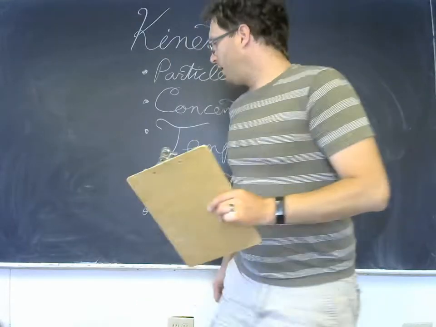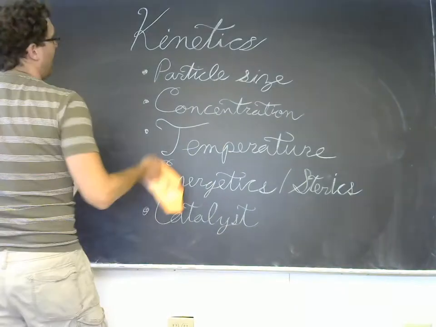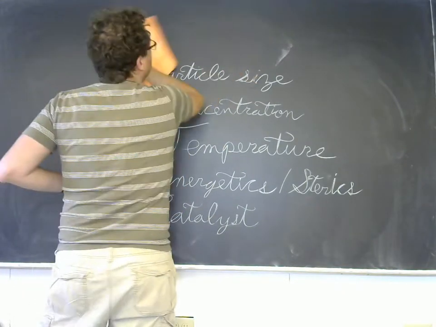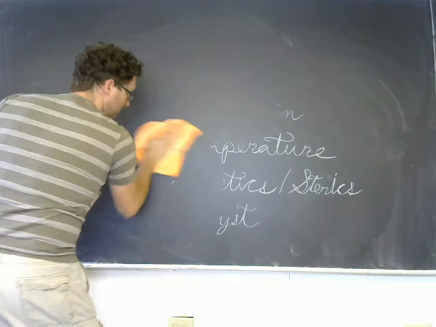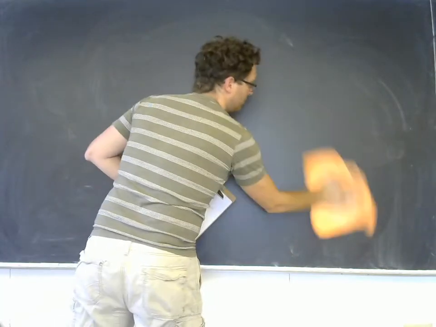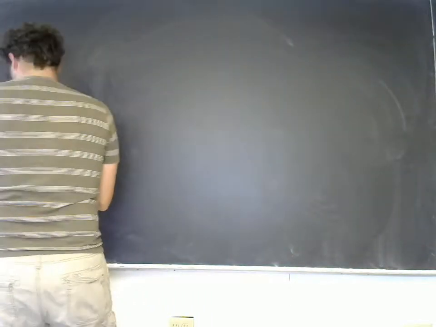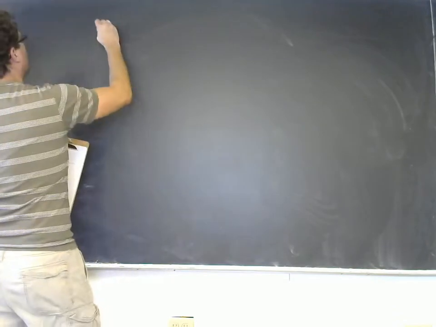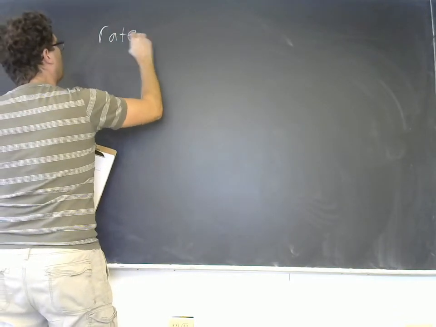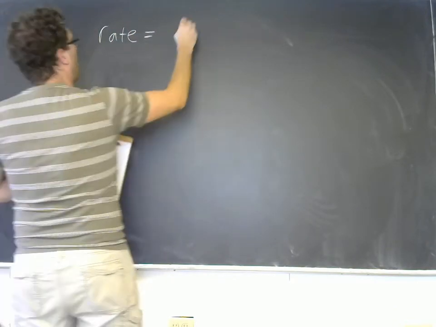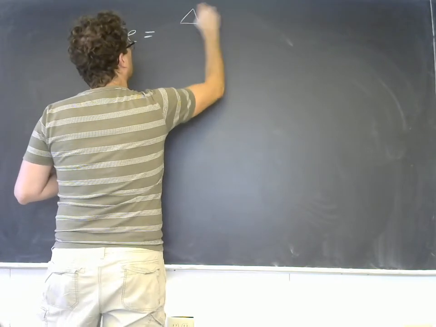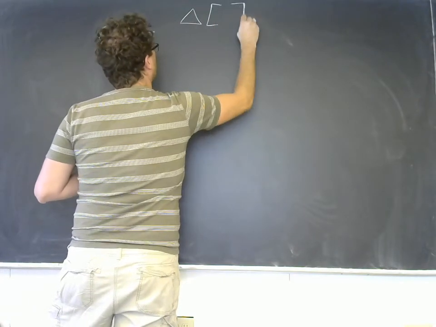So we can represent a reaction rate mathematically. Where the rate is going to equal the change in the concentration of some species.